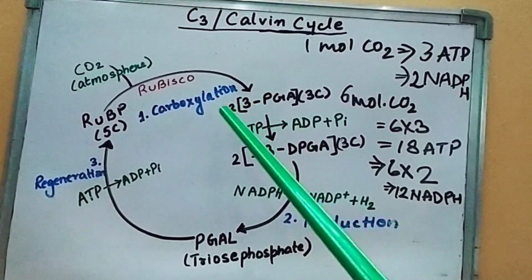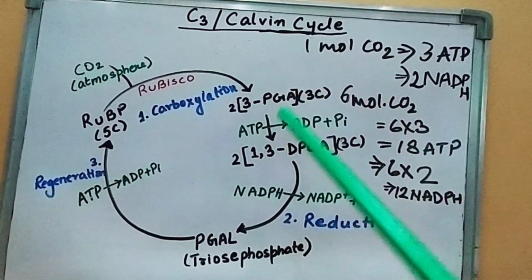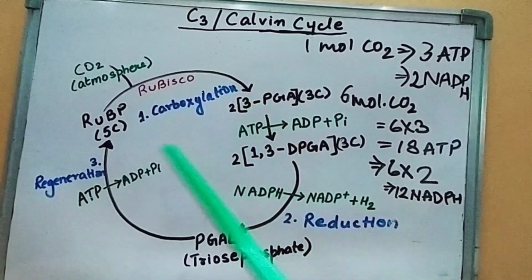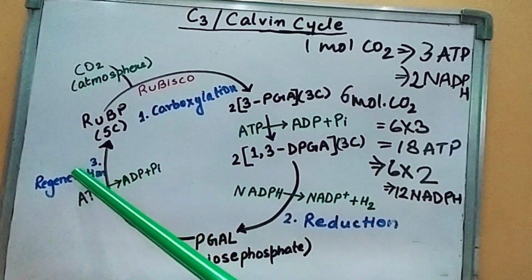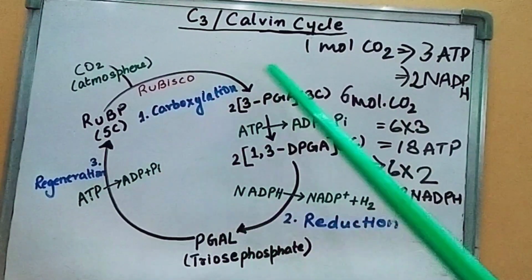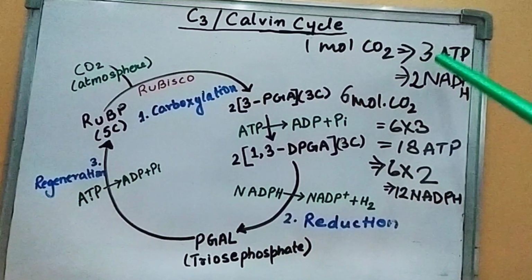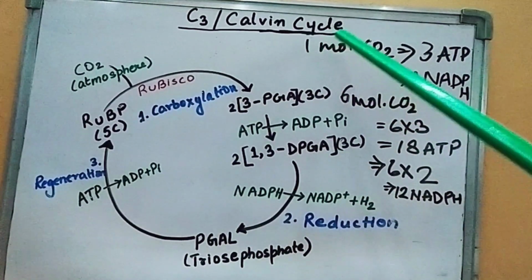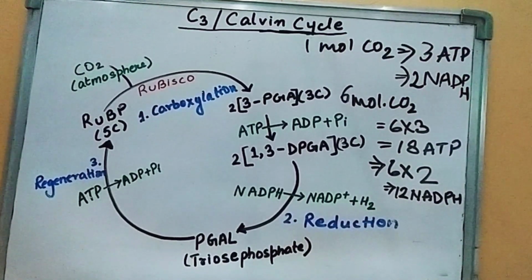2. In the process of reduction, 2 molecules of ATP were used here, and one other ATP molecule was used in the process of regeneration from phosphoglyceraldehyde to RuBP. So total how many molecules have we found? 3 ATP molecules were used for 1 molecule of carbon dioxide.